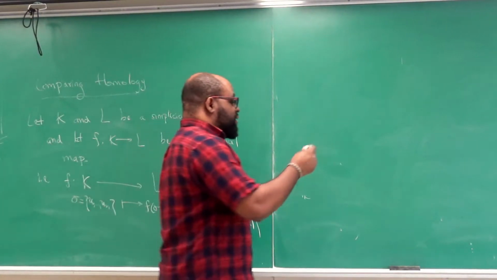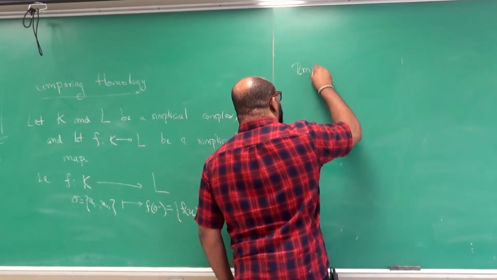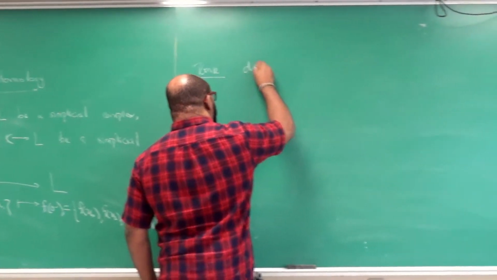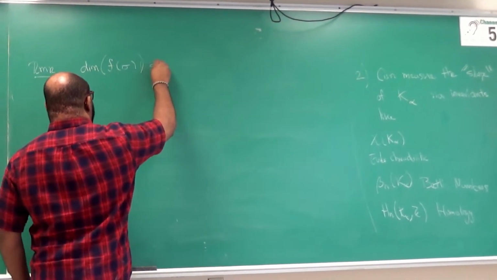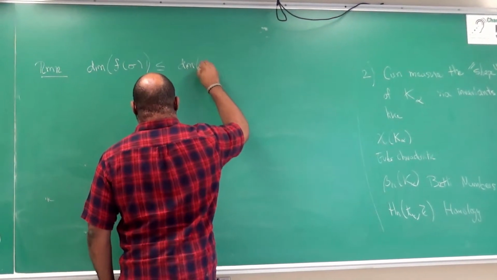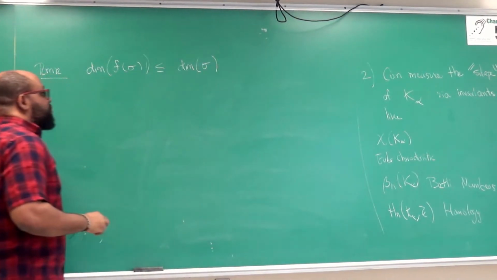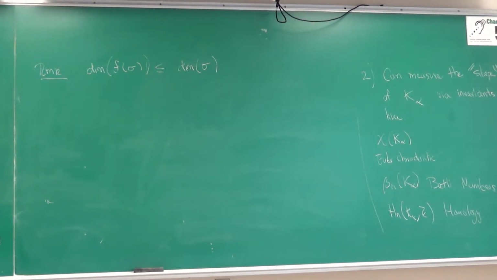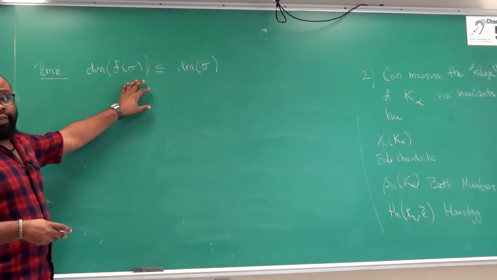So the first remark is that the dimension of f of sigma is always smaller than or equal to the dimension of sigma, as simplices. So this is an n-dimensional simplex because it has n+1 vertices, and this is a simplex whose dimension is at most n. It can be less if points get crushed together because this doesn't have to be injective. So that's the first observation.